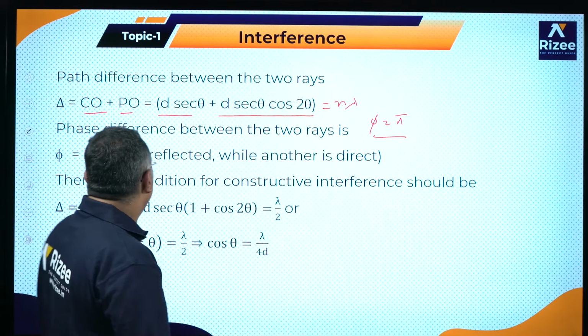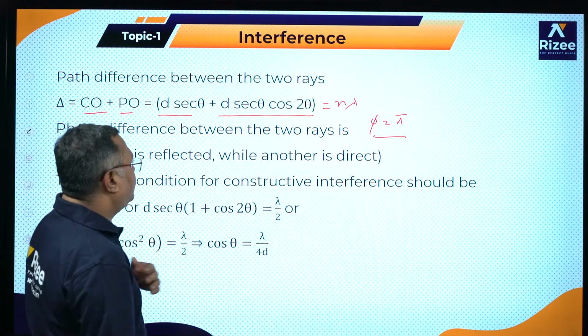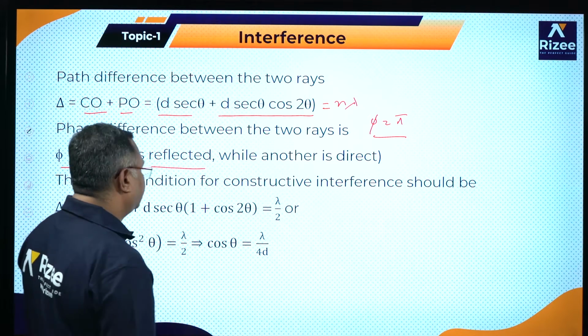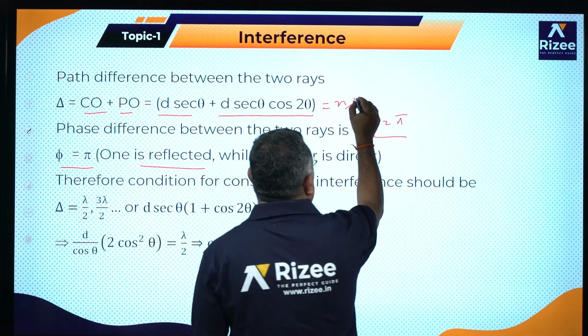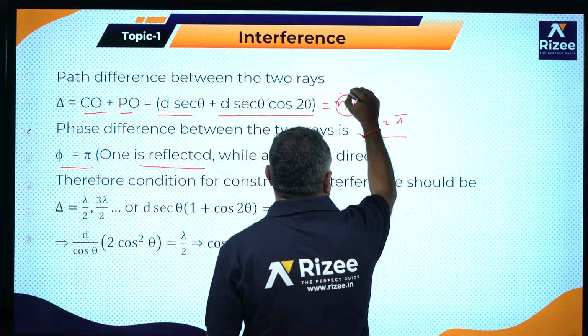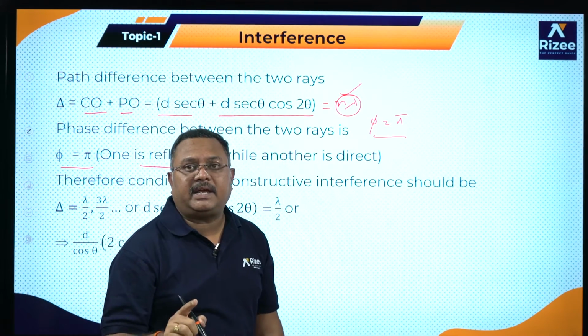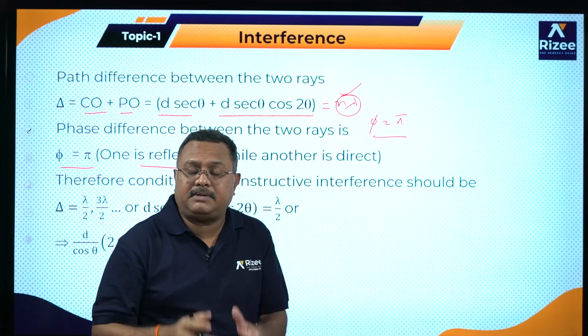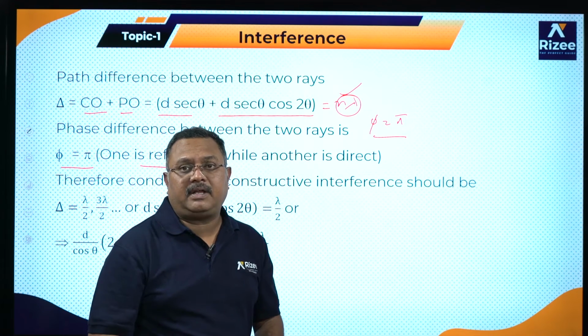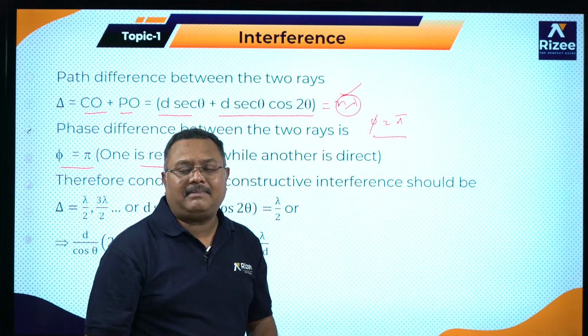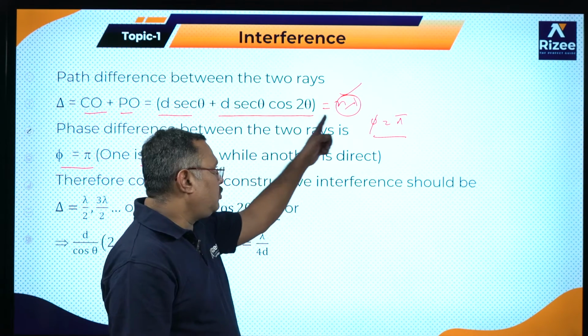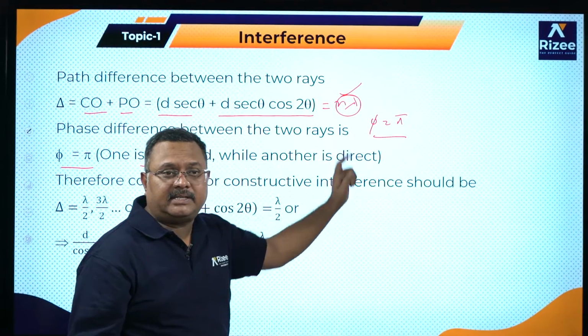There is also an initial path difference, that is pi, due to the reflected light ray, as we have discussed. On substituting this relation, please don't make this one mistake that you generally make. Because it is constructive interference, the general mistake is to go for n lambda as the path difference. Please don't commit this; in this case it is a reflected wave.